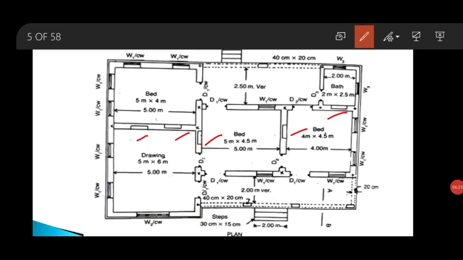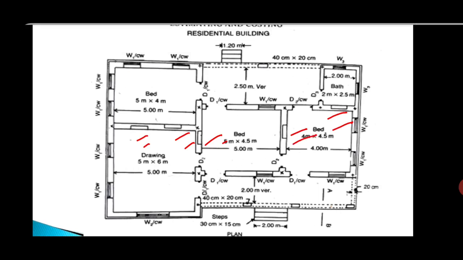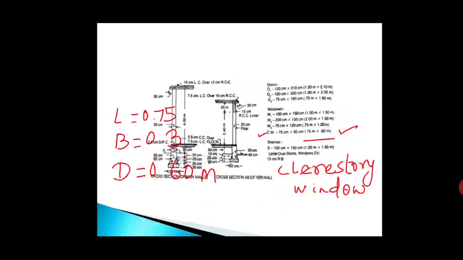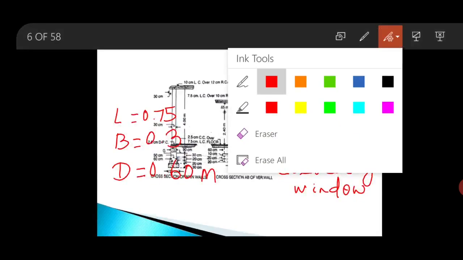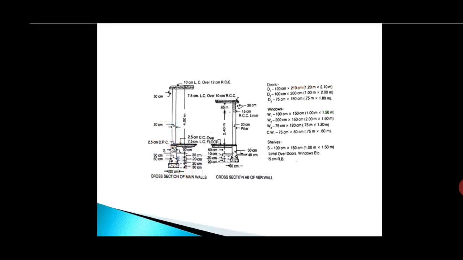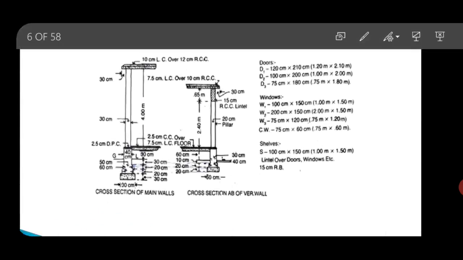Here in this plan you can see there are 5 numbers of self openings. And the size of the self opening is given as 1 meter by 1.5 meter.